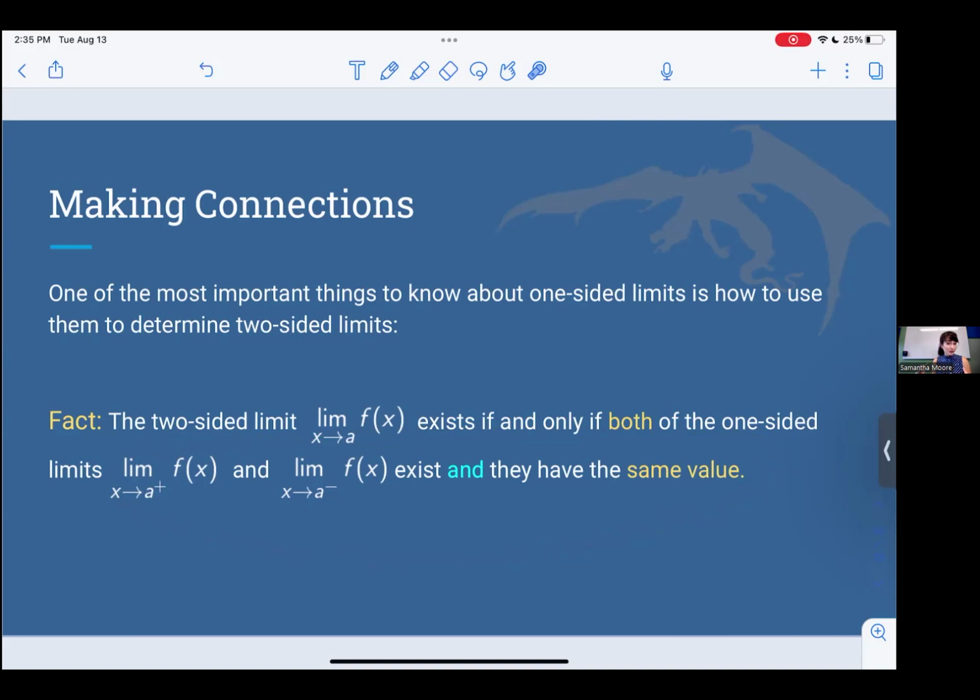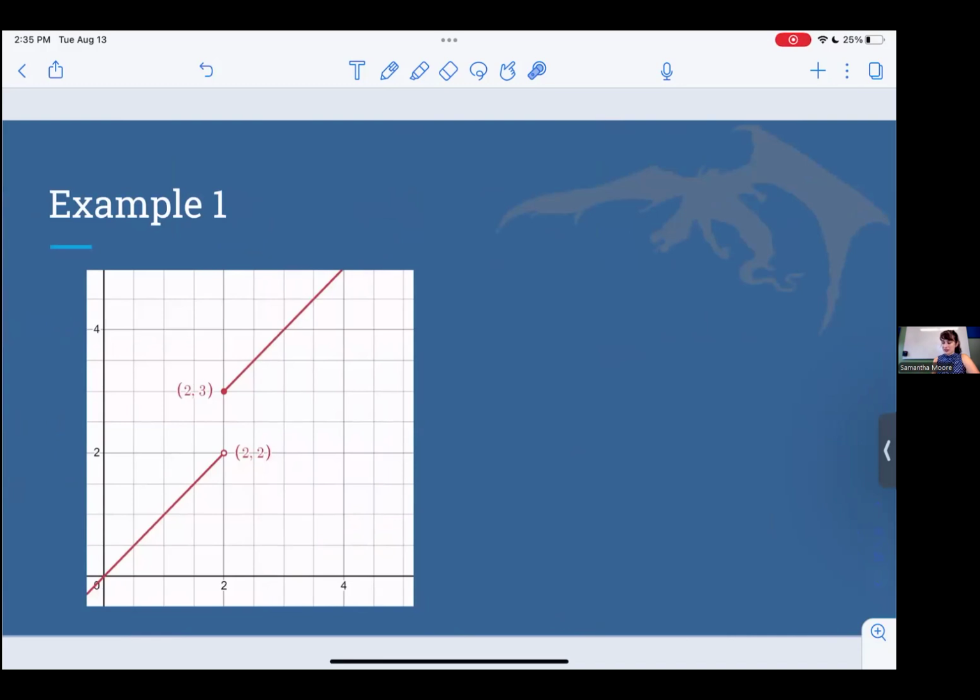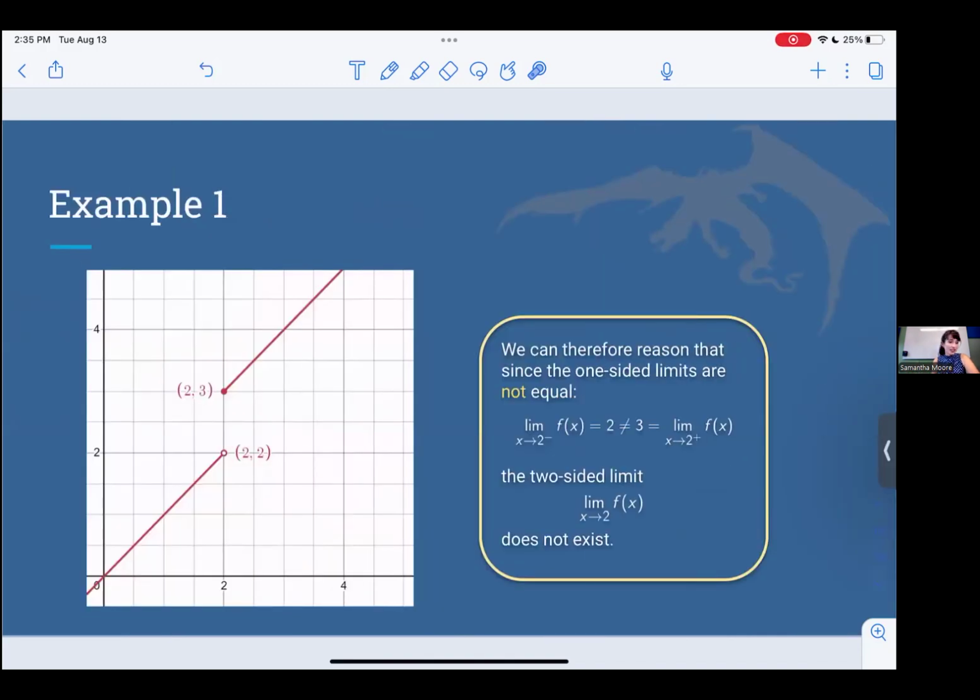Then the overall limit won't exist. But if the right-hand limit exists, the left-hand limit exists, and they match, then the overall limit exists. So again, that is what we saw here. The left-hand limit exists, it's 2. The right-hand limit as x goes to 2 is 3. But because those two things don't match up, we get that the overall limit does not exist.